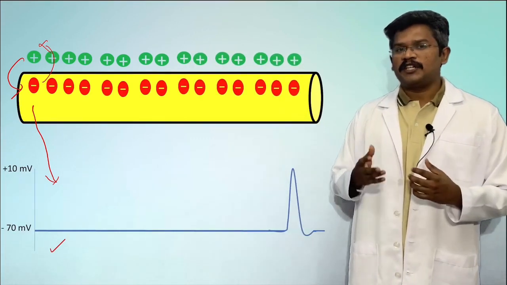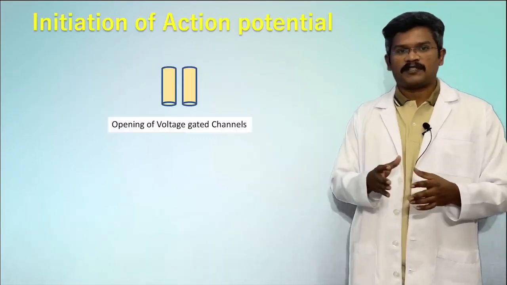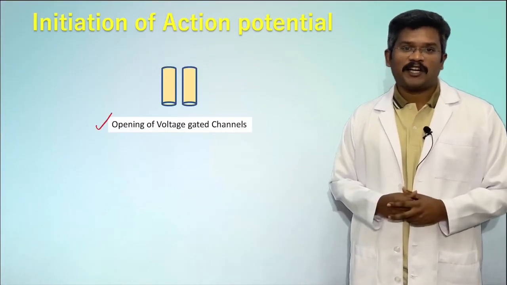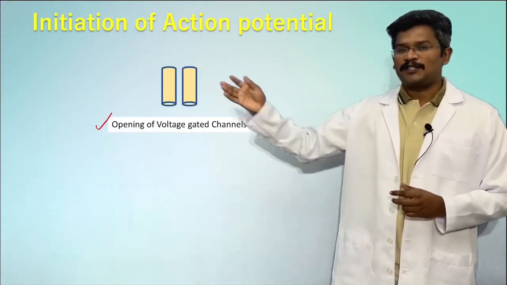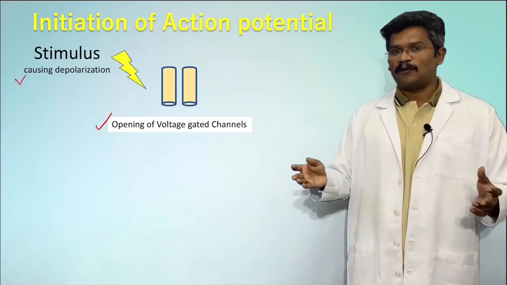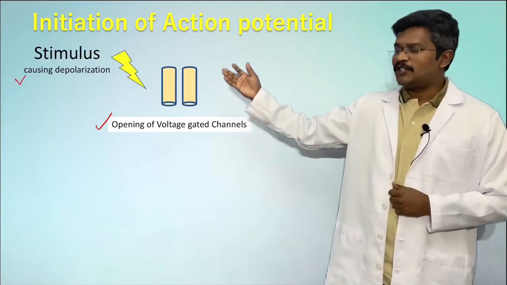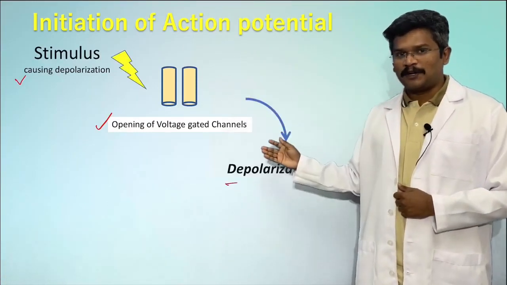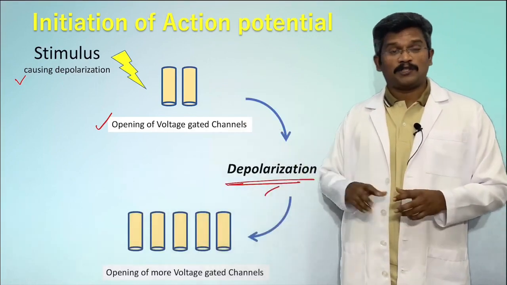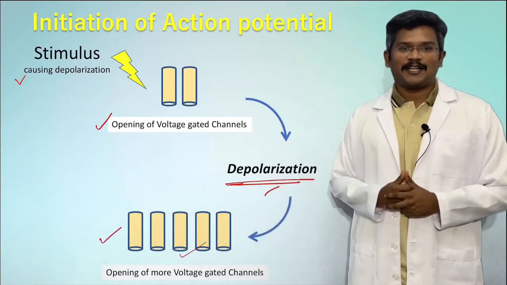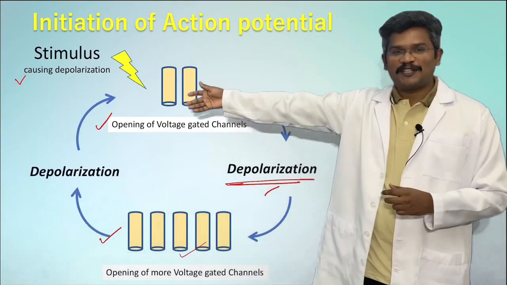An action potential is initiated by the opening of a sufficient number of voltage gated ion channels, and this is induced by a stimulus which causes them to open. Once these ion channels open, they cause further depolarization, which opens more and more voltage gated channels, and this causes further depolarization.